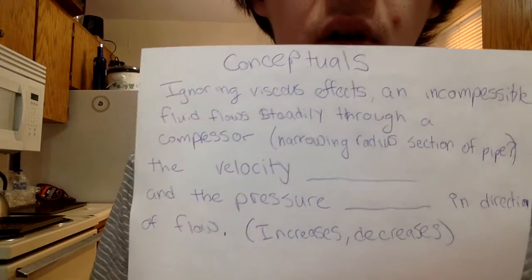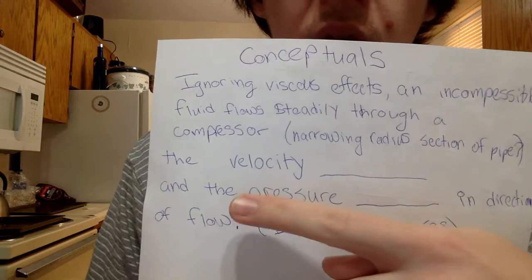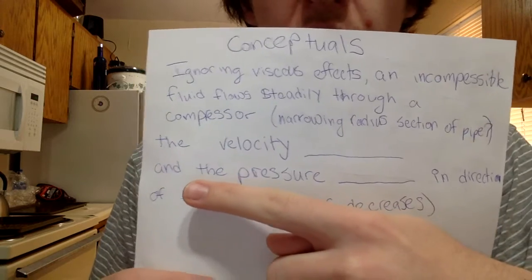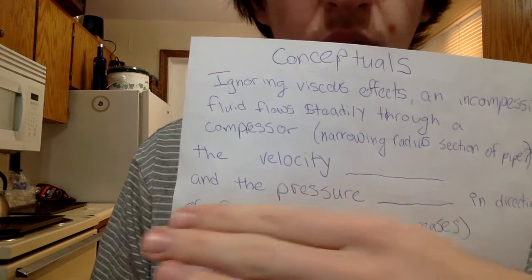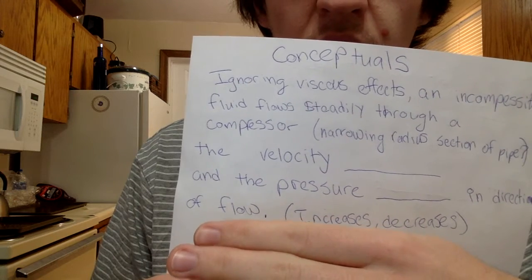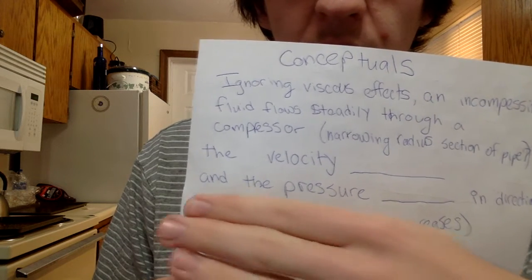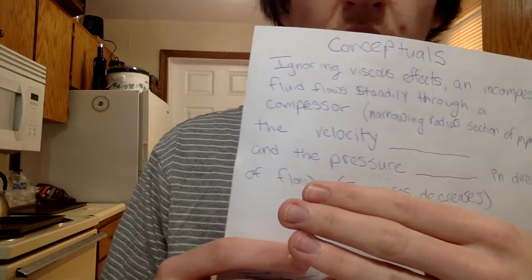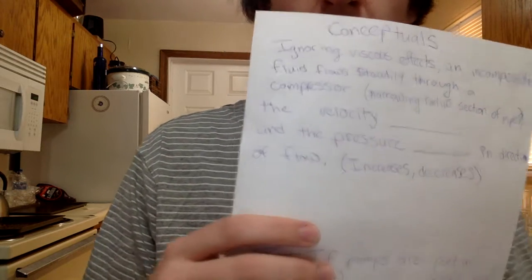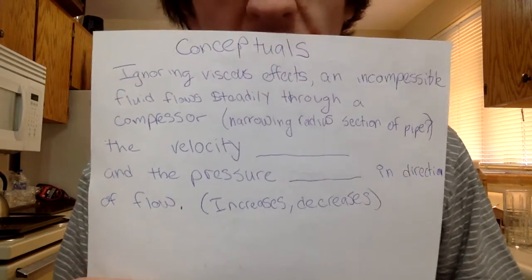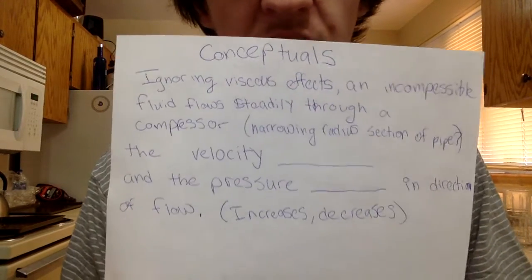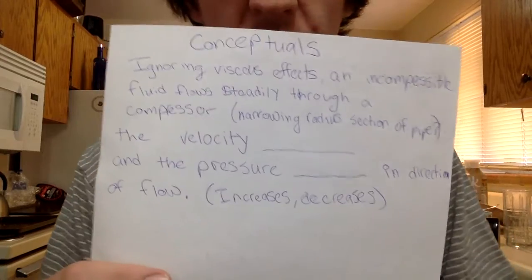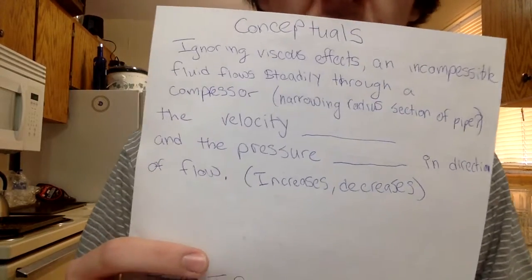My first conceptual question is: ignoring viscous effects, an incompressible fluid flows steadily through a compressor, a narrowing radius section of pipe. The velocity blank and the pressure blank in the direction of flow. And the answer is the velocity increases and the pressure decreases in the direction of flow.